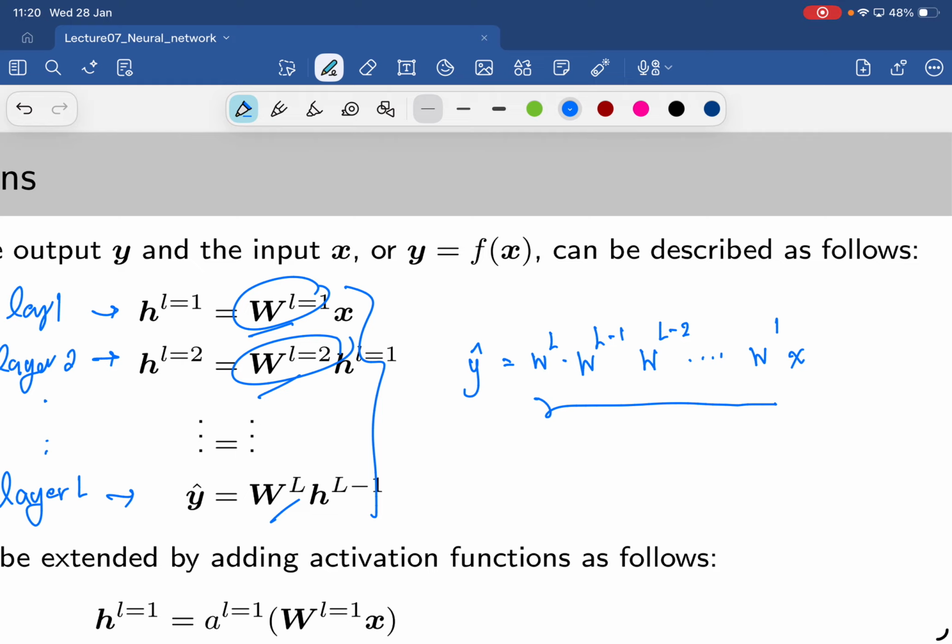And somehow, if you look at this as a function of x, you can see that your output y is still linear in x. That's true, but the weight is extremely complicated because it's multiplied multiple times. In fact, neural network utilizes this kind of architecture to do the mapping of input to the output that are more complex.